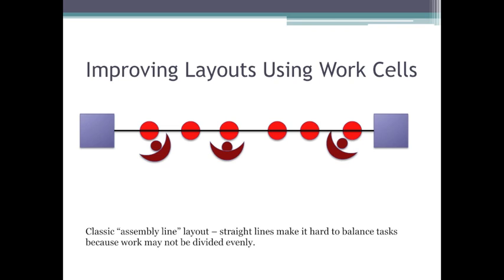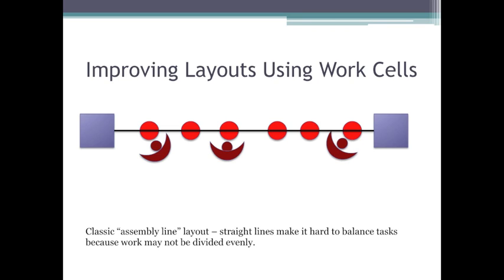For one, if you were to try to divide the work evenly, and you'll recall with a lot of the problems that I had y'all working back in week 2, I said that the work had to be done in order. Well, what if we rearranged the layout such that there was a little more flexibility in that? So that, if we wanted to, we could have someone do step 1 and step 15, for instance.